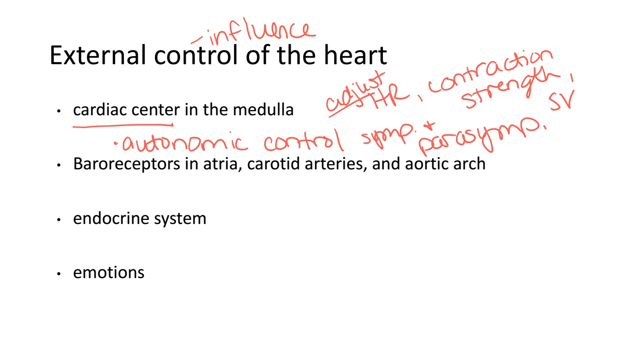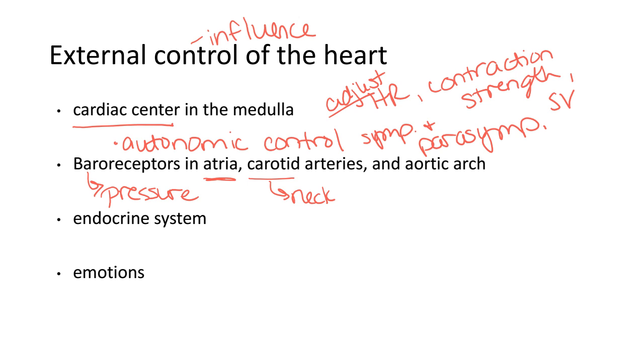Okay. In addition to this cardiac center, we have baroreceptors, baro being like a barometer for weather, right? These are pressure receptors that you find in the atria, in the carotid arteries, which are going to be found in your neck, and in the aortic arch, so measuring that pressure of the blood as soon as it's coming out of that left ventricle.